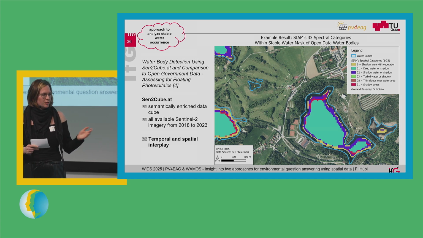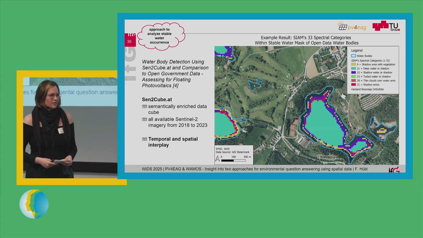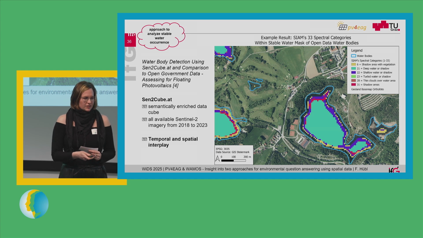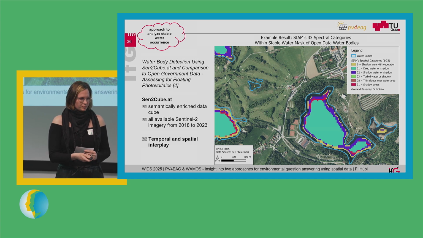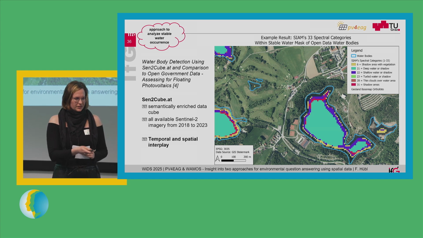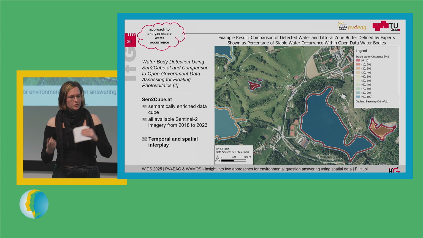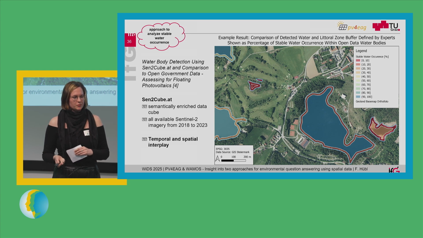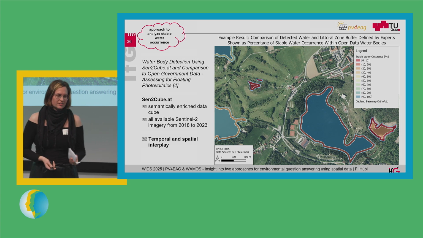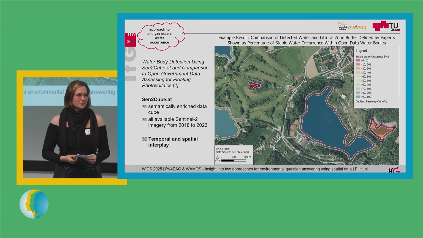So we have temporal and spatial features to consider. Here we see the result within our boundaries, and we also compared it to the open governmental data, to see if the shapes really match, if it's really stable water that we have here.